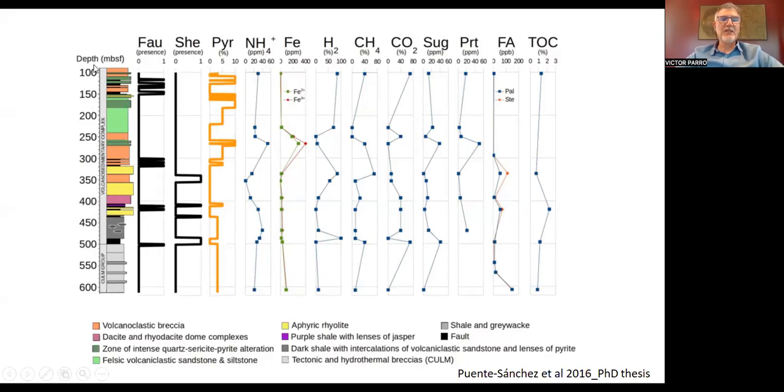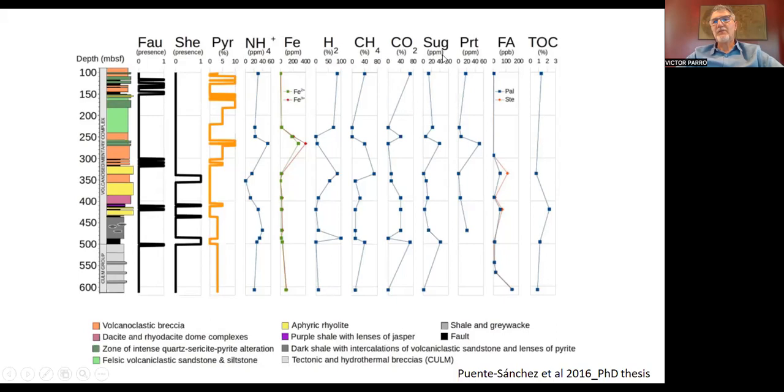We selected from 100-meter depth because between 90 and 100 meters was the water table, and we were sure that from 100 meters to the bottom we were in the anaerobic part of the drill. You can see here we identified different compounds, like gases such as hydrogen and methane.